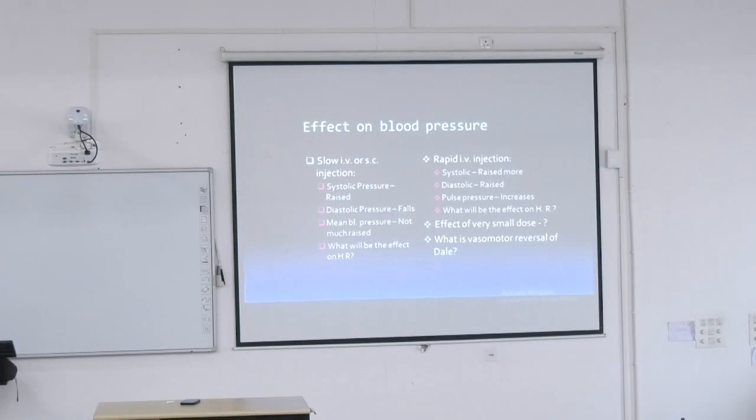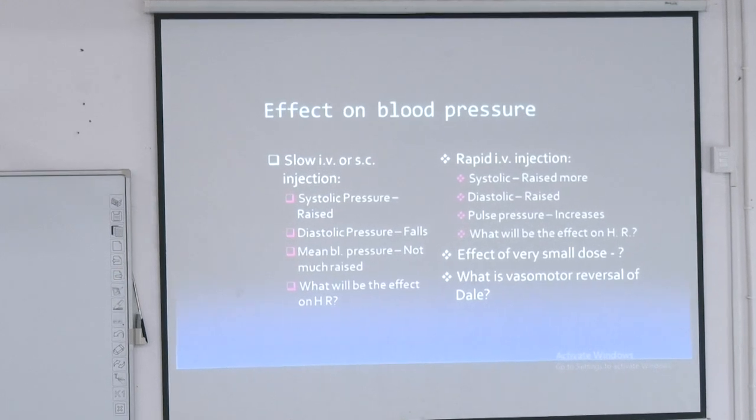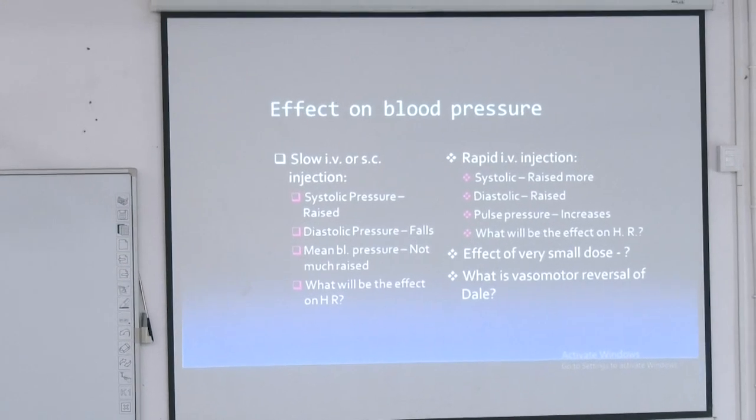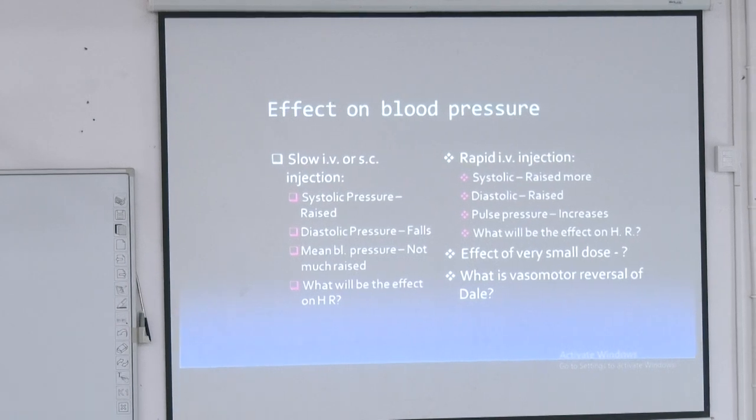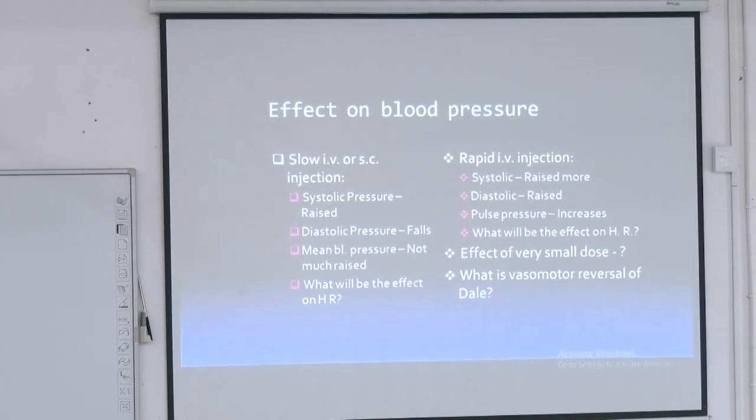With slow IV or subcutaneous injection, systolic pressure is raised, diastolic pressure usually falls, and mean blood pressure is not much raised. So there will be no bradycardia. Here with rapid IV injection, systolic pressure is more raised, diastolic pressure is also raised, and mean arterial blood pressure is also increased.